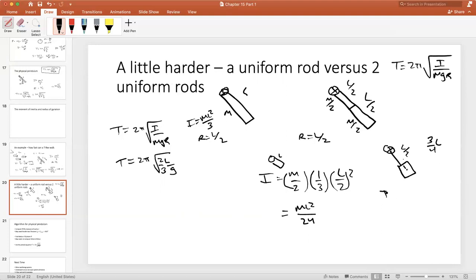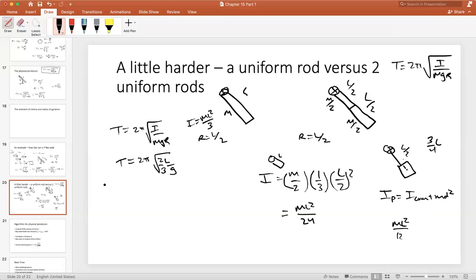We have something that we learned about called the parallel axis theorem that says I of the center of mass plus md squared is the moment of inertia about any parallel axis, so any axis parallel to the axis going through the center of mass. The moment of inertia about the center of mass for any uniform rod, I should say, is ml squared over 12.